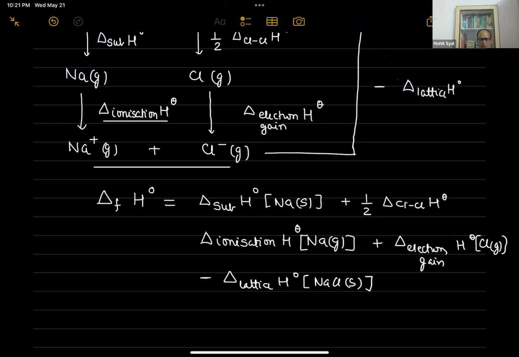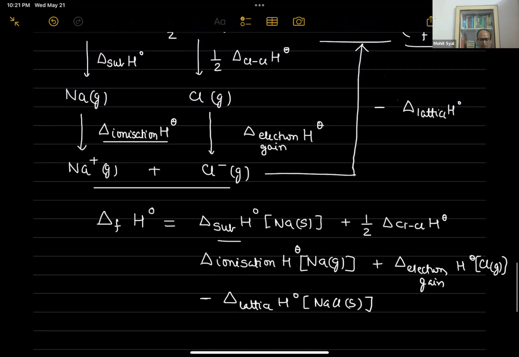So this is the complete path for the formation. You will be given these values, you can put these values in and you will get the overall heat of formation. This is known as the Born-Haber cycle.